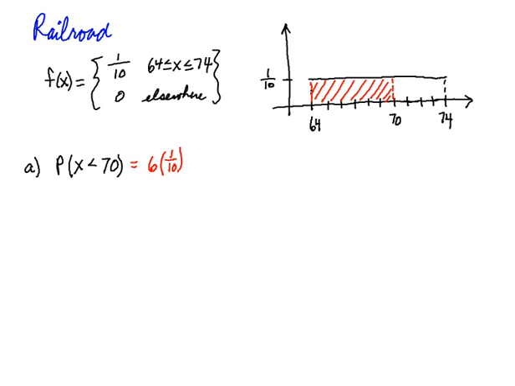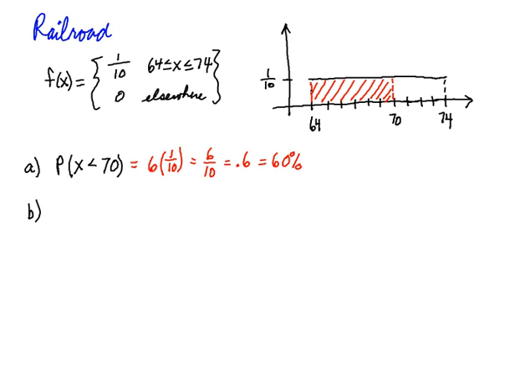And then I have the height, or maybe the width, you could call it, of the rectangle, 1/10. And I would have 6/10, or 0.6, which is also 60%. So the probability that the commuting time will be less than 70 minutes is 60%.